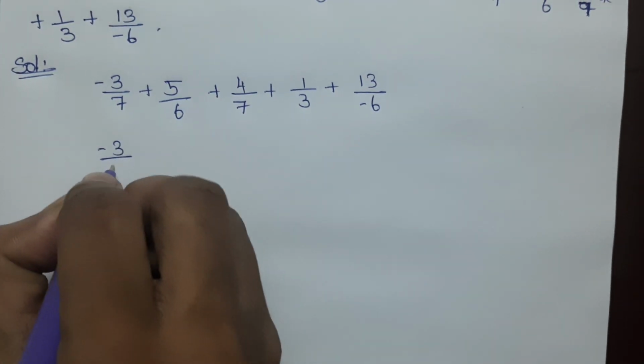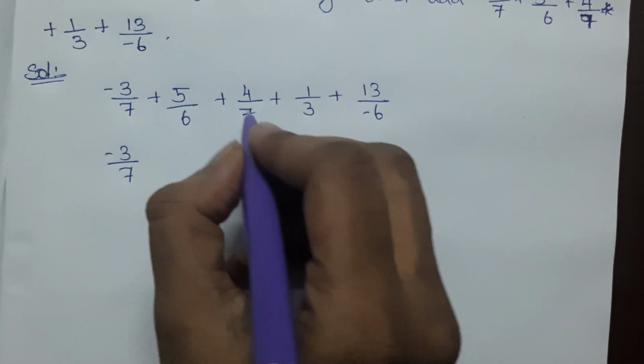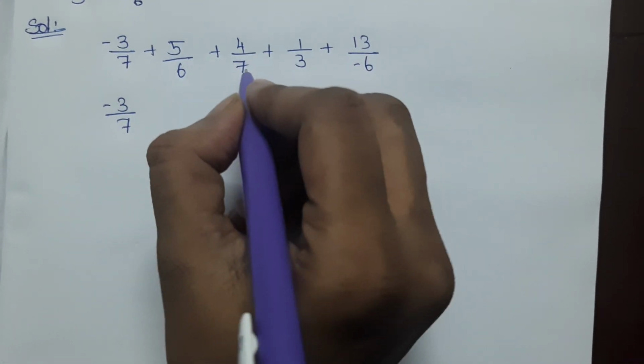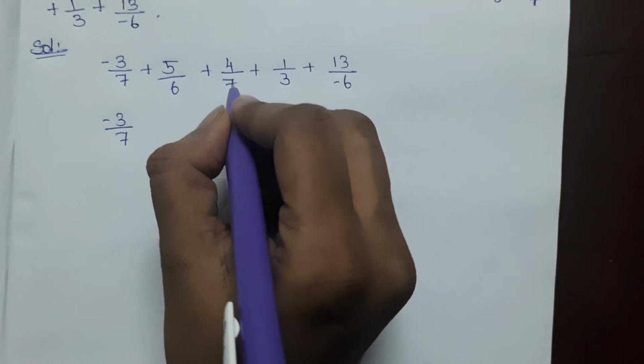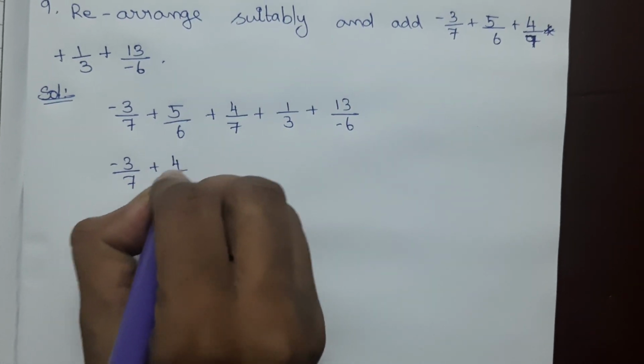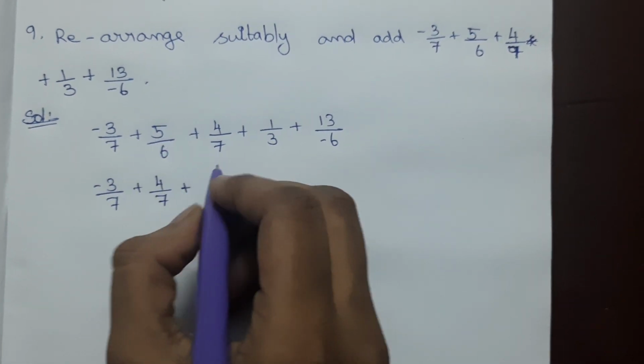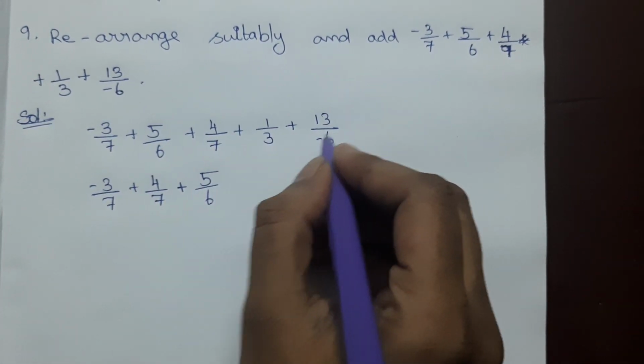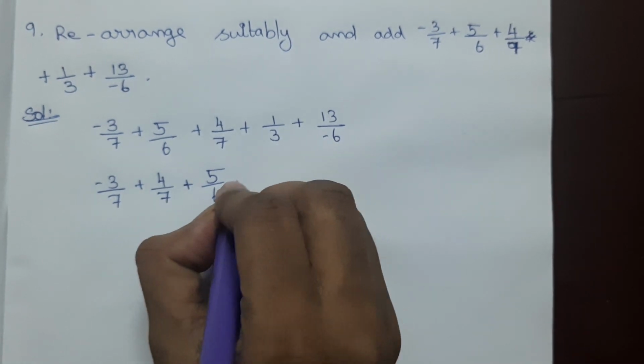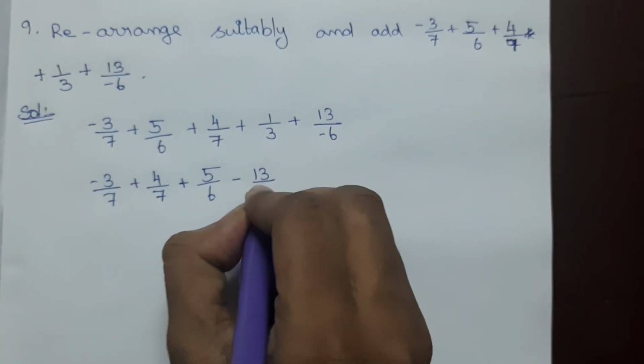Now we can arrange that. Minus 3 by 7, same denominator terms first, so plus 4 by 7. Then next come to 6. This one is 5 by 6, and the next one, plus into minus, is minus 13 by 6.